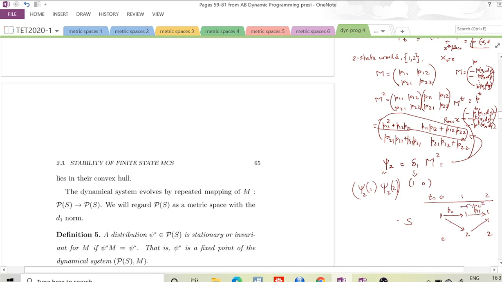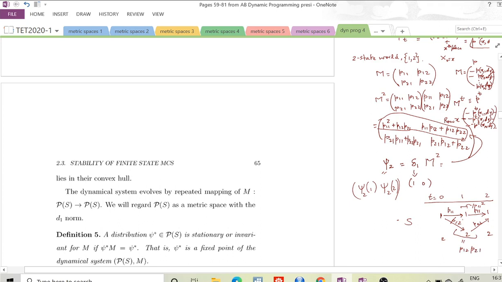Alternatively, the state could have first gone here, with probability P12, and then gone back to 1, with probability P21. So in terms of probabilities, that would be P12 P21.